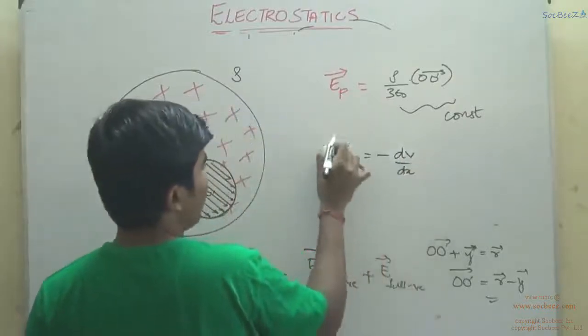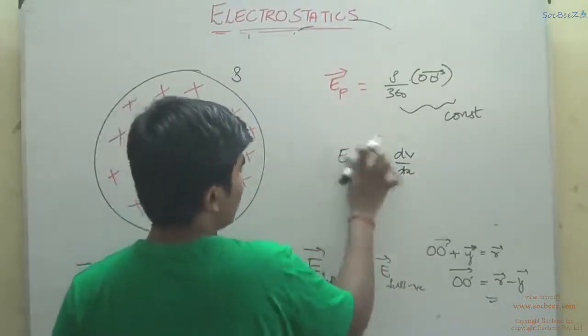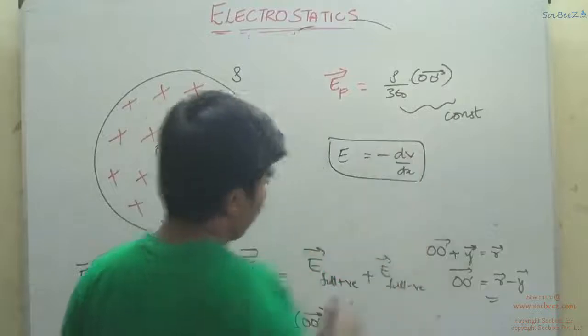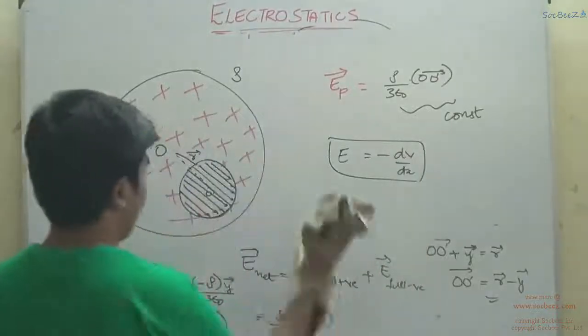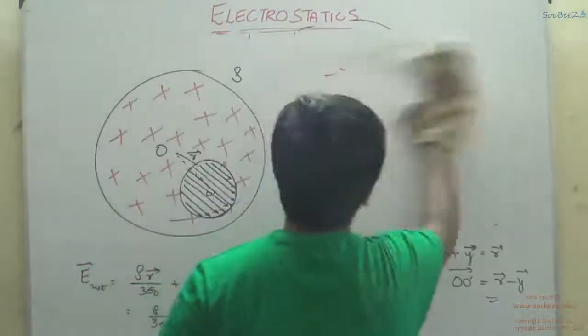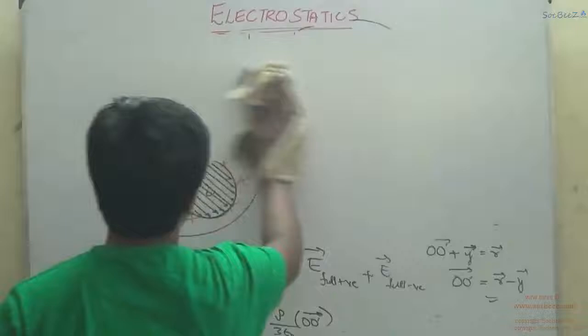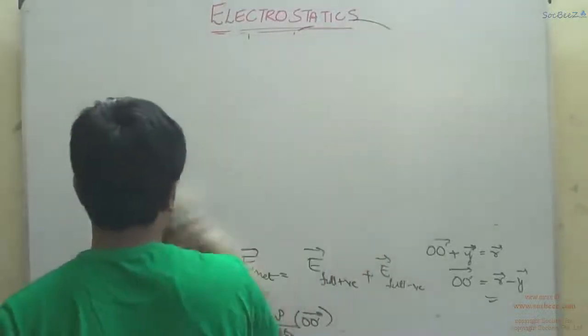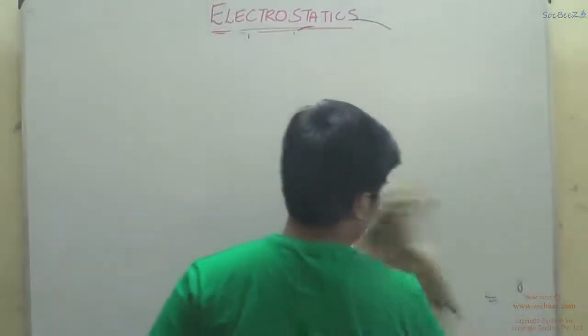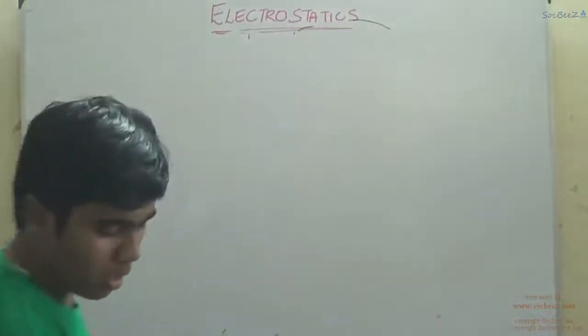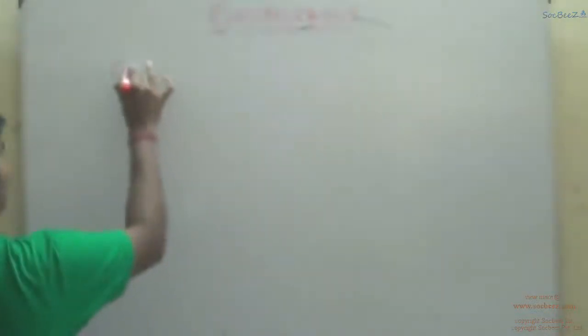Now since electric field is constant, we can also comment on the potential, which we will be discussing later on. Now in the same terms in which we have done this, we can similarly do that for a cylindrical thing also. Now let us move forward to learn the concept of conductors.